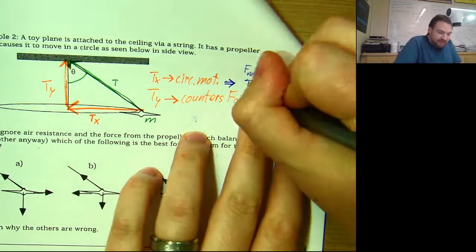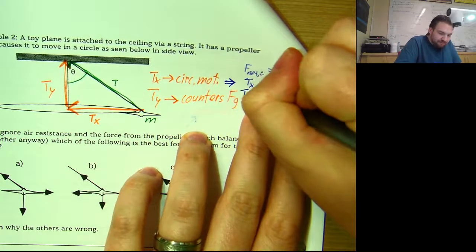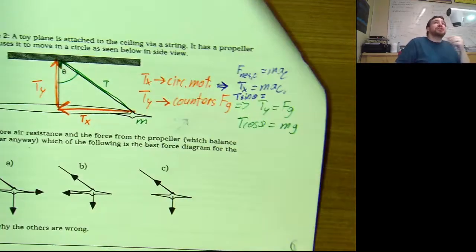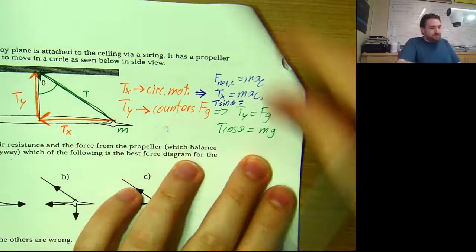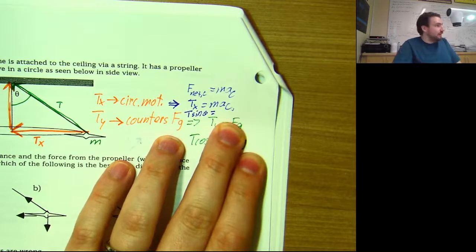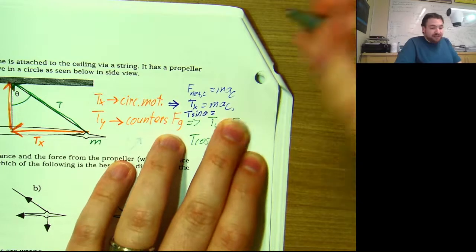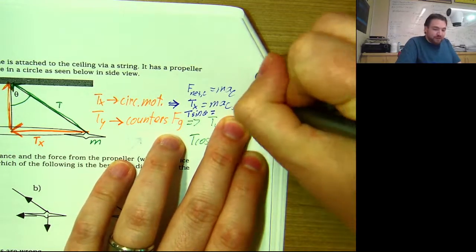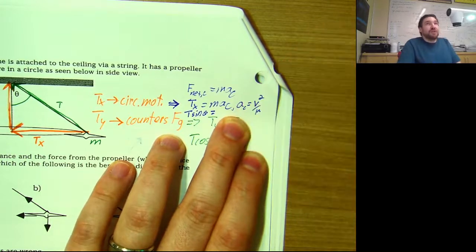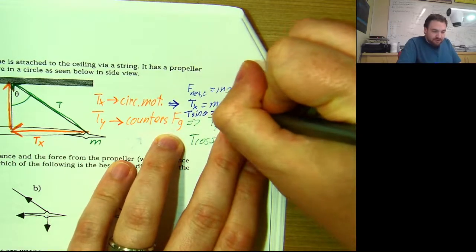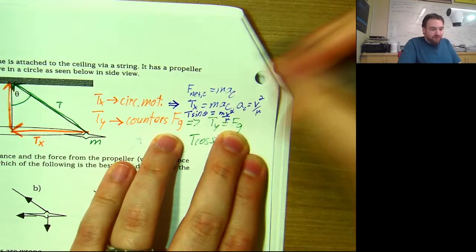So I've got T sine theta. That's going to equal, I need an expression here for a C. I don't know what my inward acceleration is, but I can relate it to some things I might know. The acceleration of an object in circular motion is equal to what? V squared over r. So I get the expression T sine theta is equal to m v squared over r.